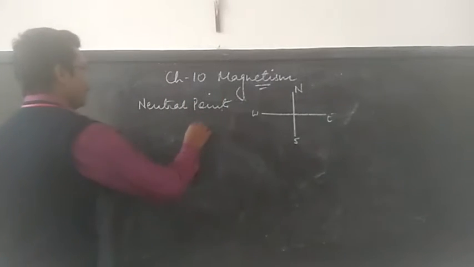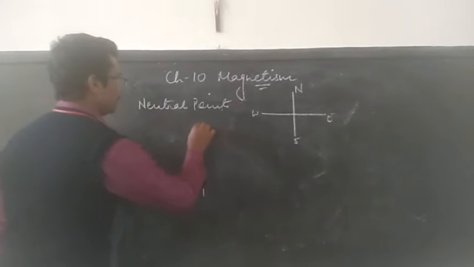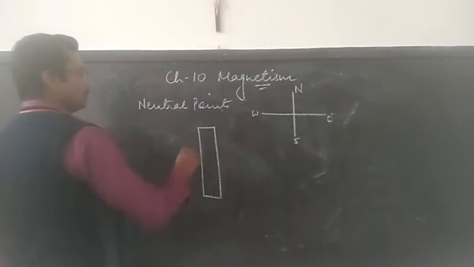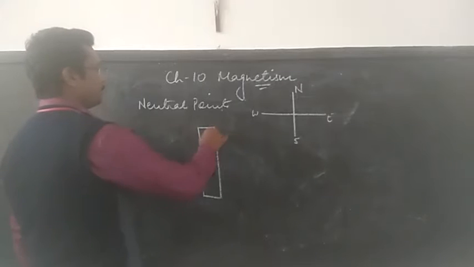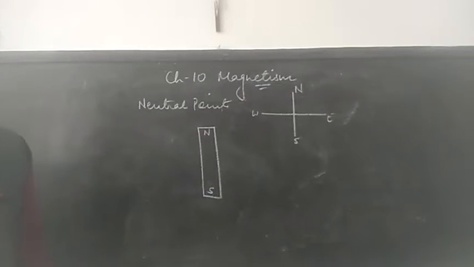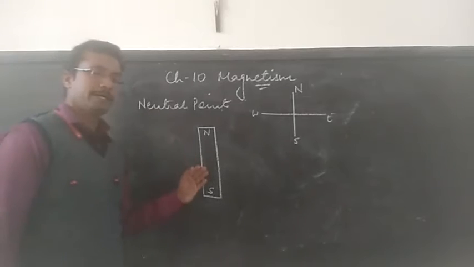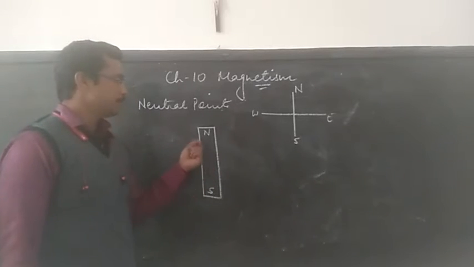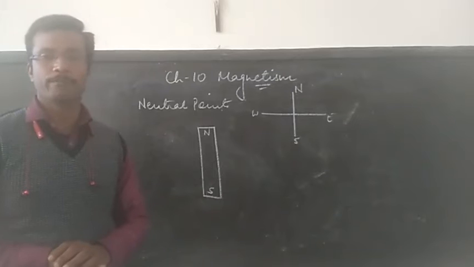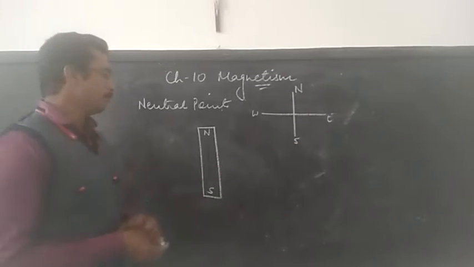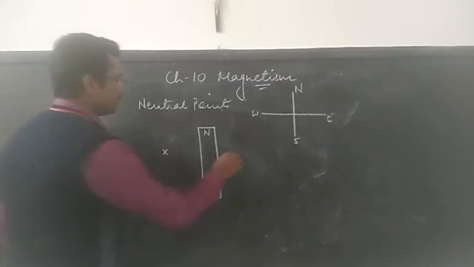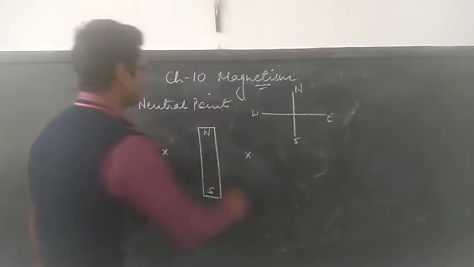First is when we are keeping the magnet, say the north pole of this magnet is facing the geographic north pole. If we place this magnet in this manner, with the north pole of the magnet facing the geographic north pole, then we can obtain the neutral points on either side of the broader part.